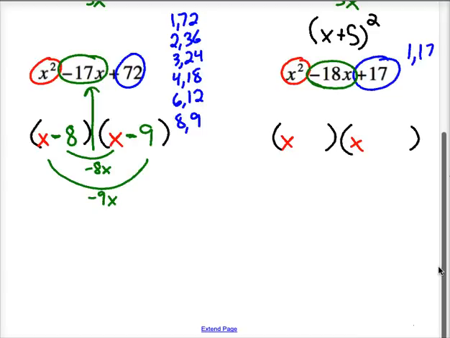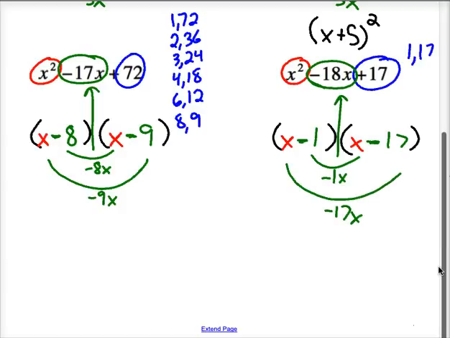So we're looking for two things that multiply to be positive, yet add to be negative. So right away, I know I'm talking about two negative numbers. And so that really only leaves one option here. So here, negative 1x, negative 17x, and that does indeed combine to give me negative 18x.